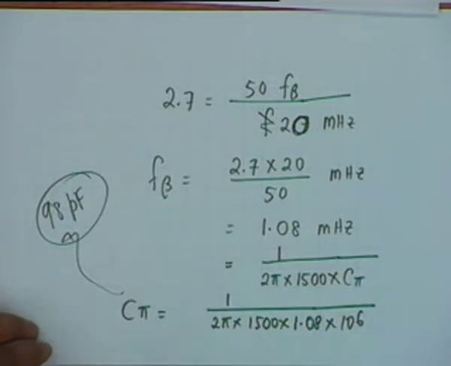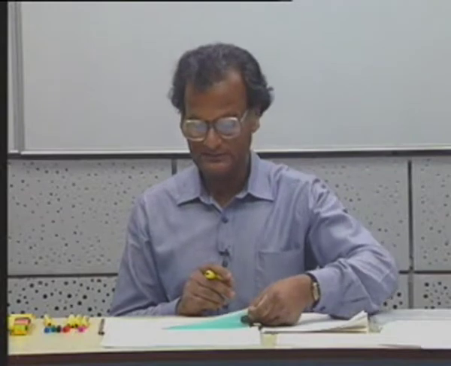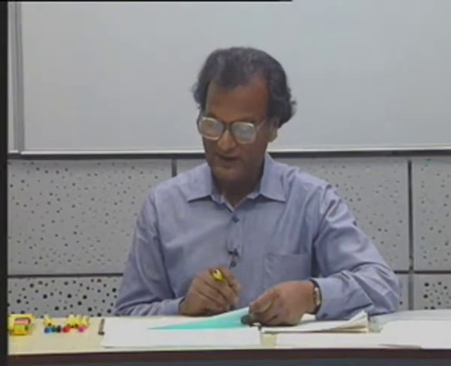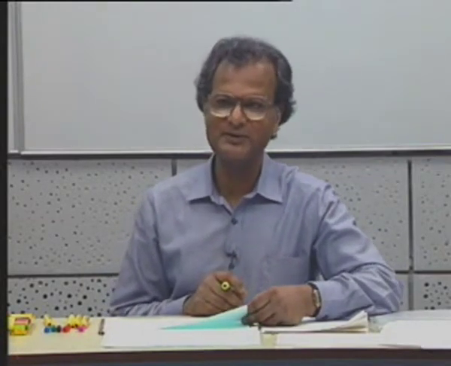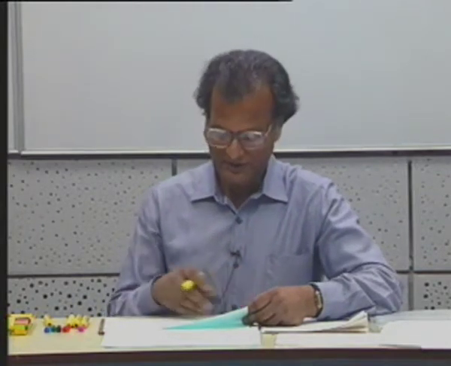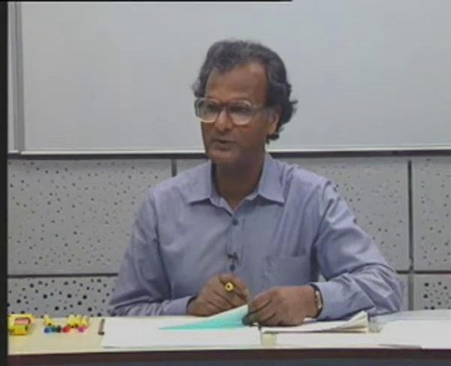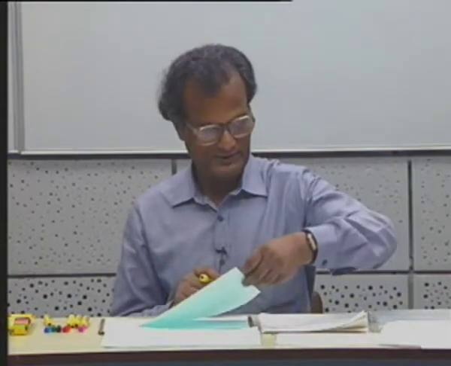That is how one finds C pi. C pi is never specified by the manufacturers. Actually, it is C pi plus C mu, but C mu is of the order of a few picofarads, 2 or 3 picofarads. So we take everything as C pi. We ignore that quantity.